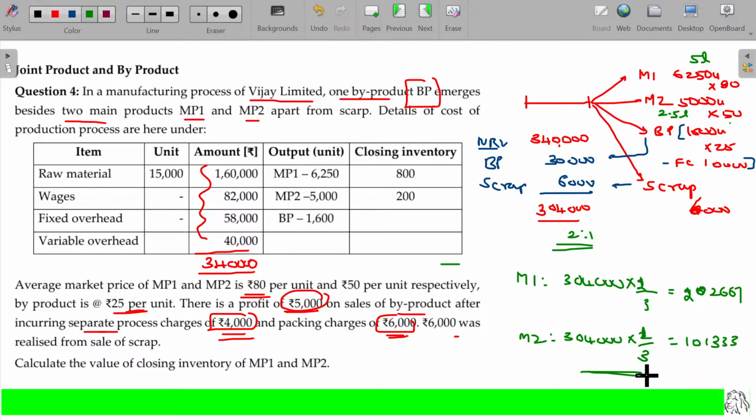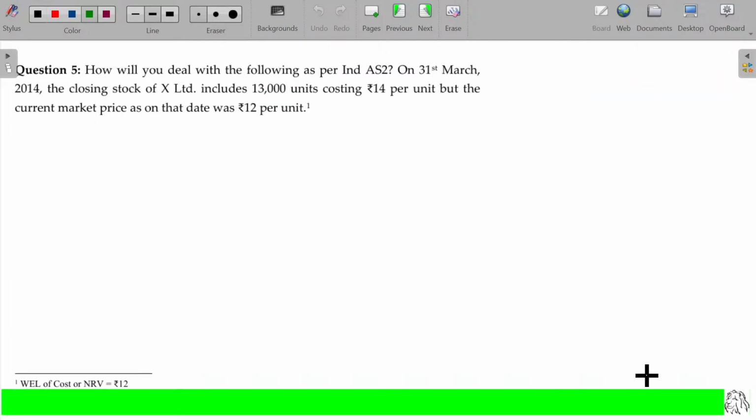Now we'll move on to the next illustration. How will you deal with the following as per AS number 2? On 31st March, the closing stock of X Limited includes 13,000 units costing rupees 14 per unit, but current market price being this much.